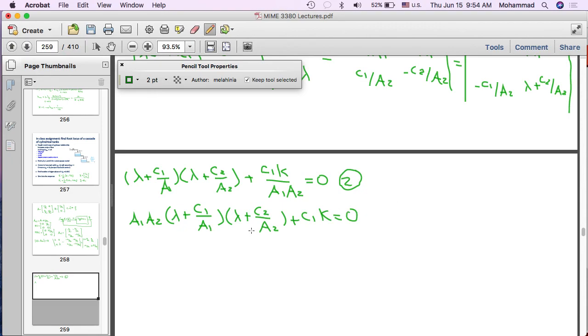So if you multiply A1 by this and A2 by this, the result becomes lambda A1 plus C1 times lambda A2 plus C2, plus C1 K equals 0.